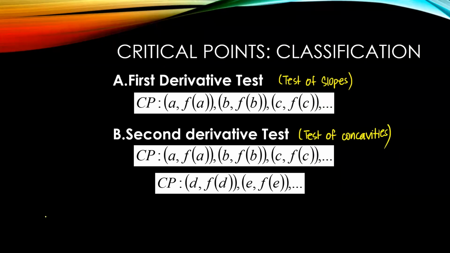That means if y prime is positive, it's sloping up. If y prime is negative, it's sloping down. If y double prime is positive, it is smiling, or basically concave up. If y double prime is negative, it's concave down.